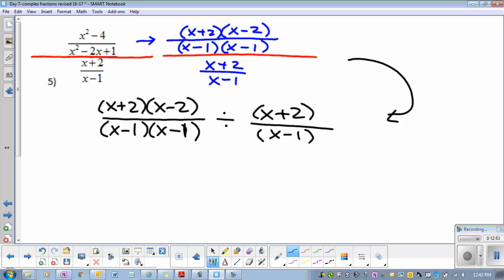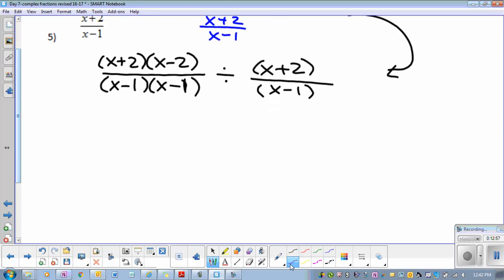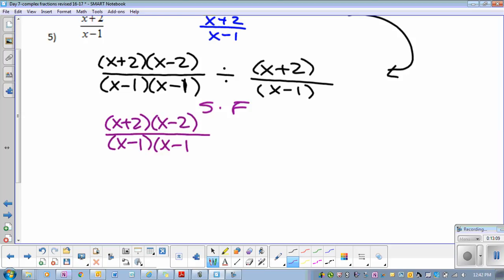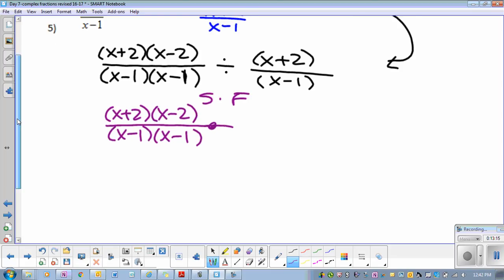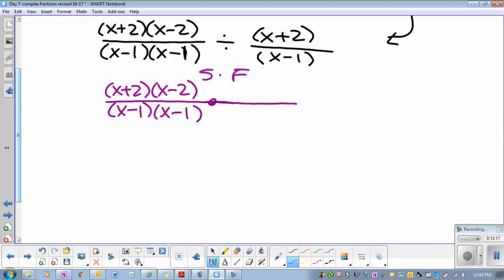But when we divide, we're not really dividing. What are we doing? Same times flip. So change it. Well, the first one doesn't change. Just copying a whole lot of stuff over and over. The division sign changes to a times, and then you only flip the second one. X minus 1 goes on top, and x plus 2 goes on the bottom.